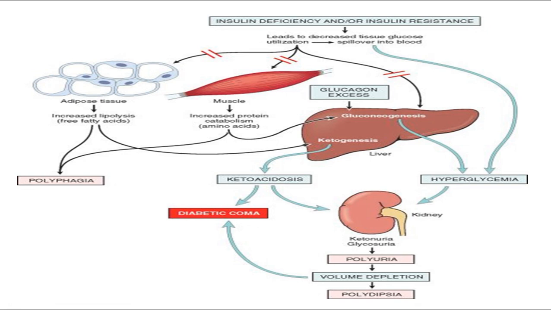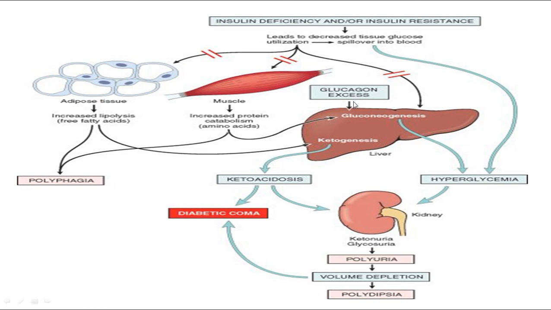Hyperglycemic blood that enters the kidney leads to polyuria, and polyuria further leads to volume depletion and polydipsia. The hyperglycemic blood that is filtered into the kidney causes glycosuria. So the urine contains glucose, which leads to polyuria and further increased thirst, called polydipsia.